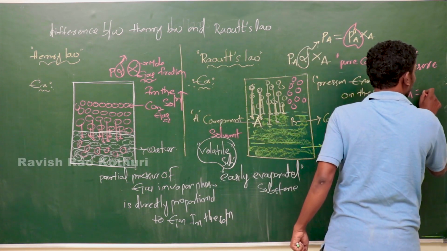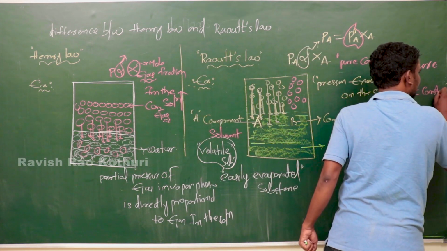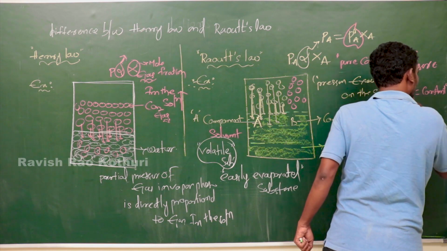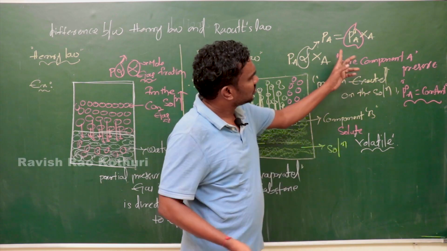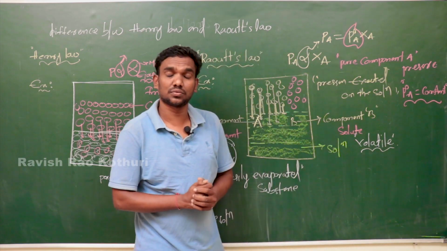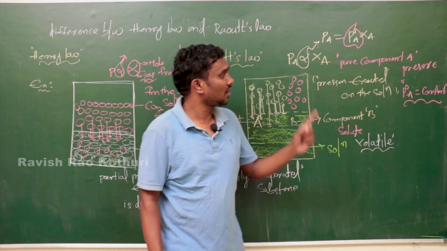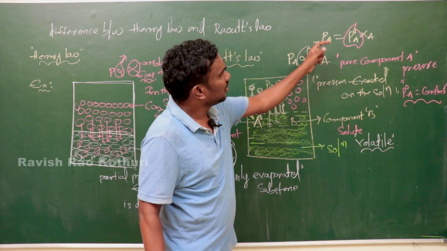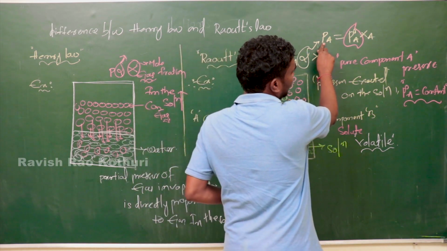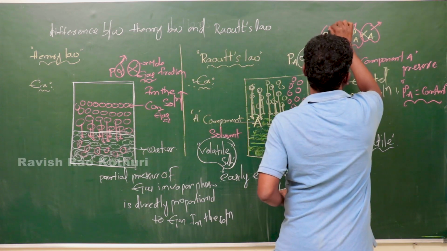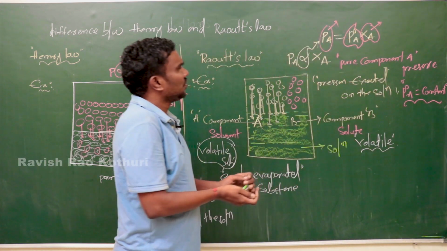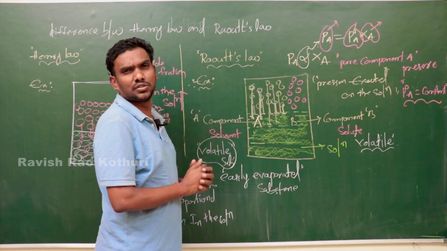Why is it constant? You think, my dears, the next lecture I will discuss, right? Here, PA is directly proportional to the mole fraction. So, this is about Raoult's law, my dears.